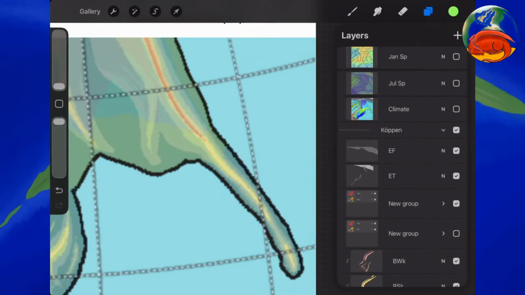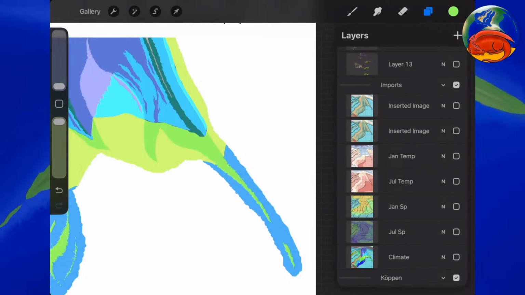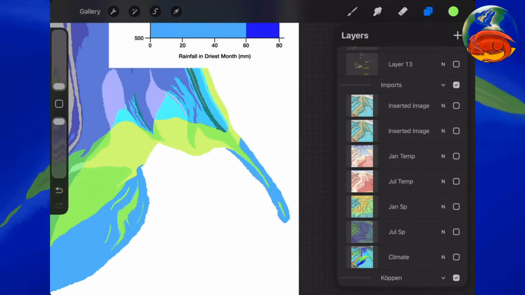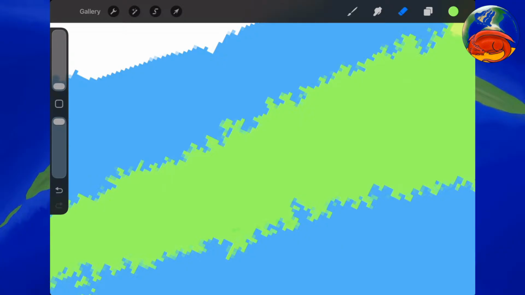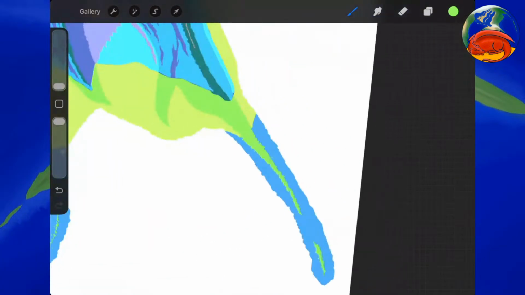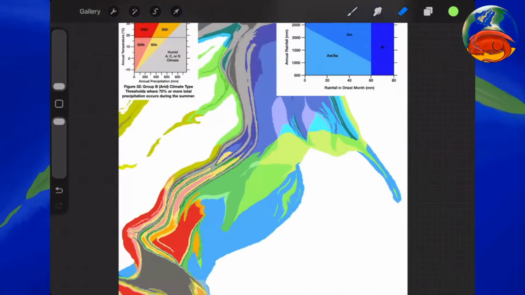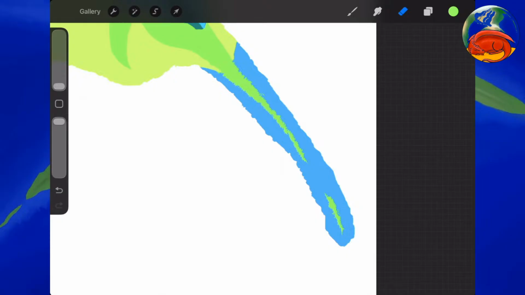Okay, let's see what this looks like. Eh. It's serviceable.